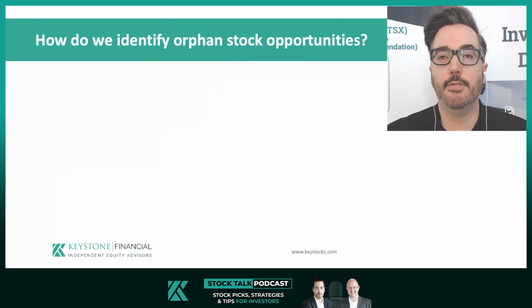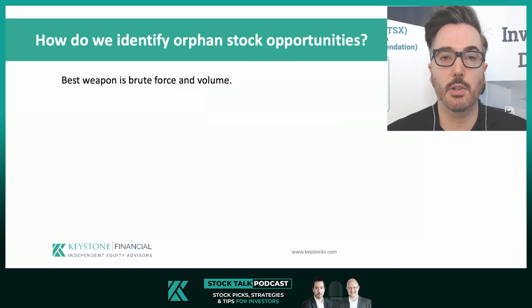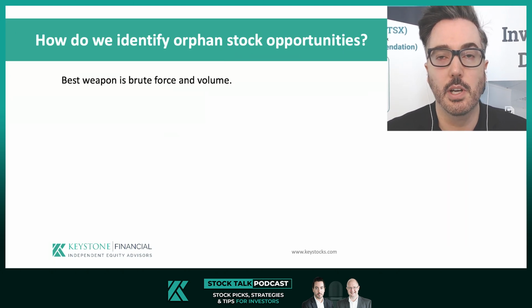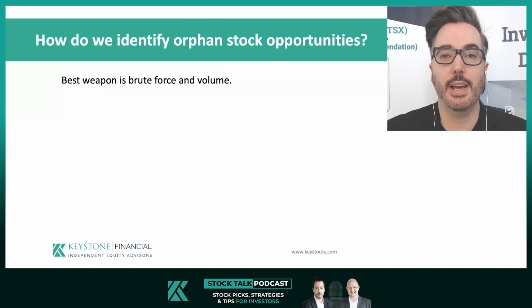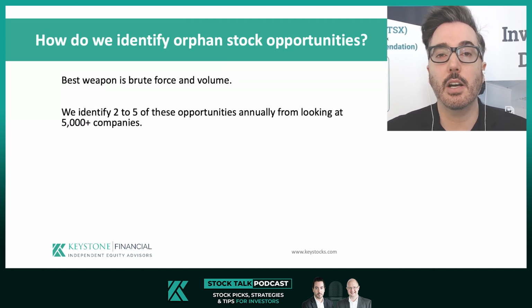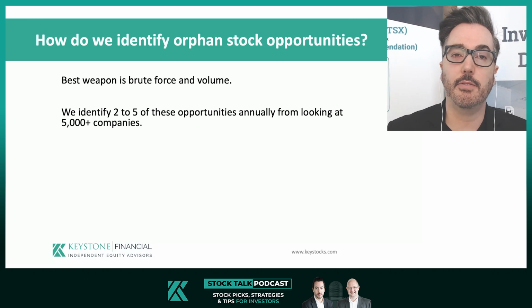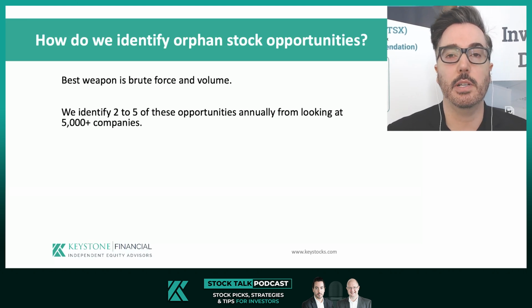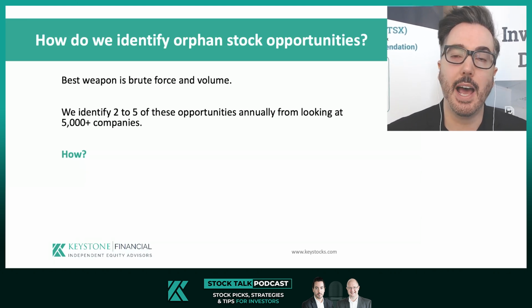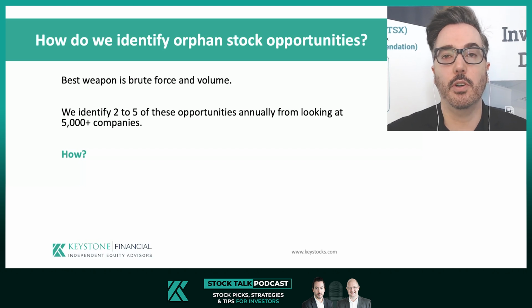So how do we identify orphan stock opportunities? Well, there's no magic button or simple formula to help you discover these market anomalies. Your best weapon is brute force and volume. We come across, say, 2 to 5 of these opportunities annually, like I said, from looking at thousands of companies. But how do we identify these orphan opportunities?